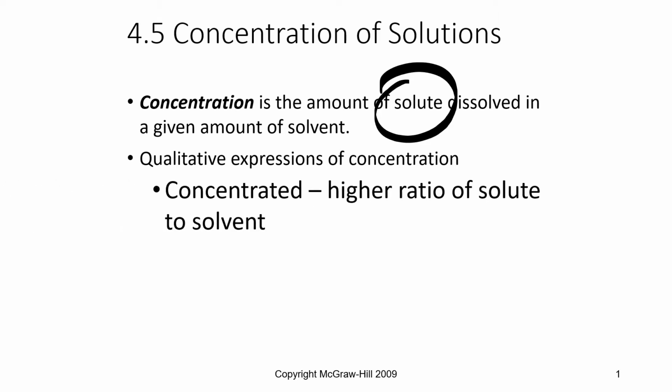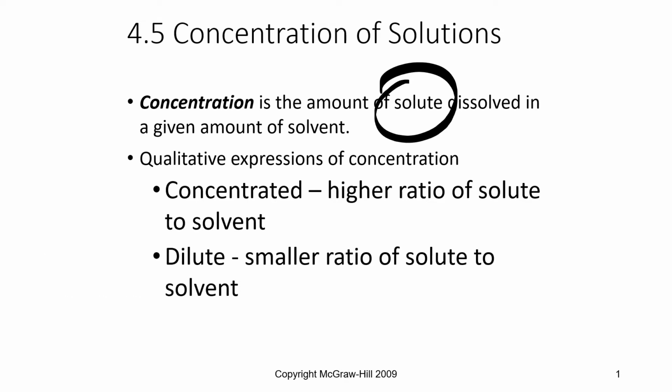If we have a concentrated solution, there is a higher ratio of solute to solvent. So it's more concentrated. And in a dilute solution, so these are qualitative descriptions, not quantitative. We're going to talk about these in quantitative terms, numerically.